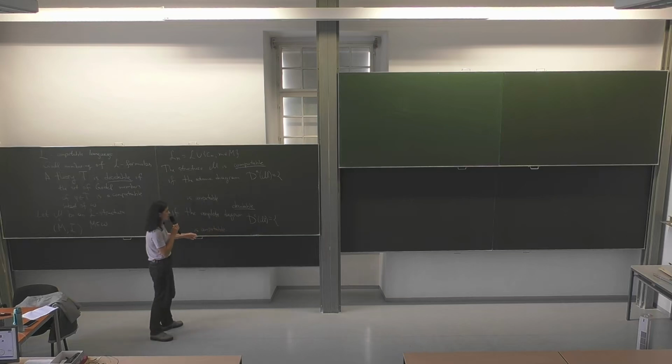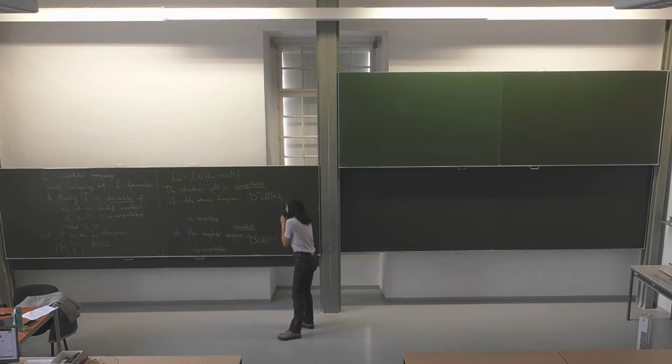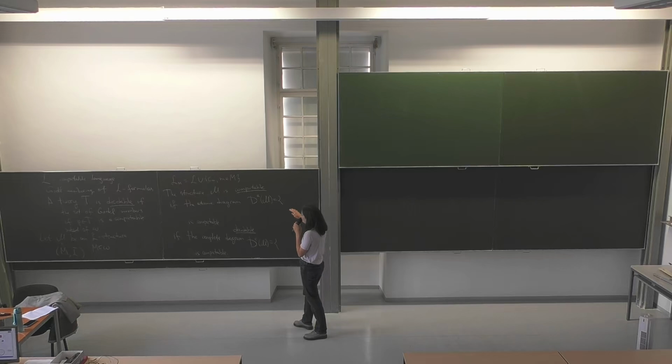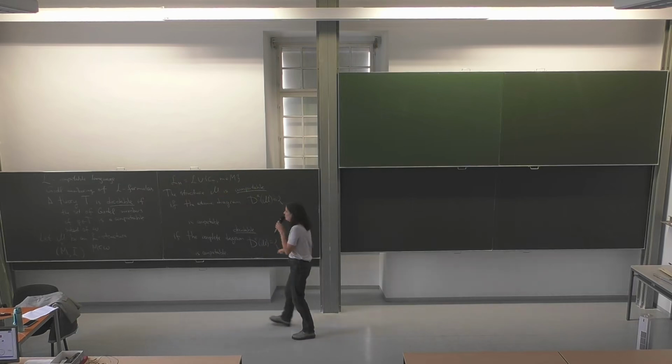Okay, so what is the atomic diagram? The atomic diagram is the set of all sentences in this language that are true about this model.